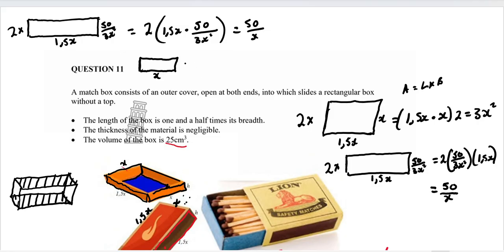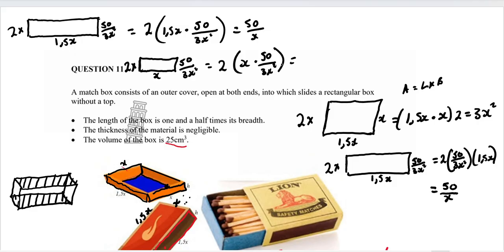Our height, it is 50 all over 3x squared. Do you get me? And this part are 2. That's why we're going to say 2 multiplied by, because this part and the other part. So let's go 2 multiplied by x, multiplying by this x, and then 50 all over 3x squared.